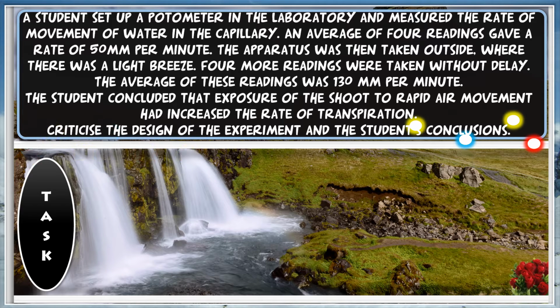The average of these readings was 130 millimeters per minute. The student concluded that exposure of the shoot to rapid air movement had increased the rate of transpiration. Criticize the design of the experiment and the student's conclusion.